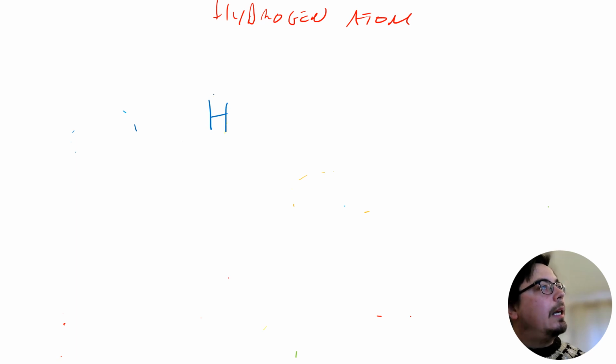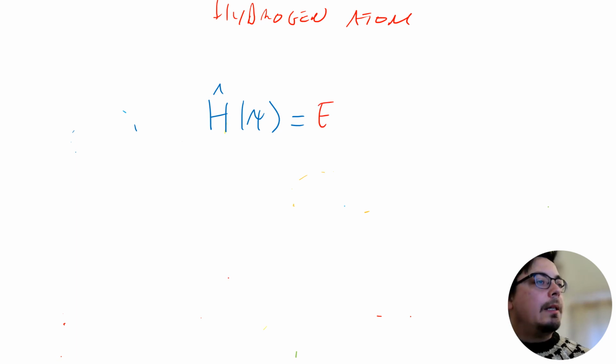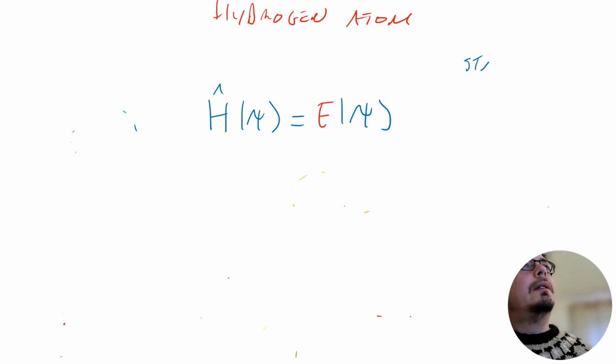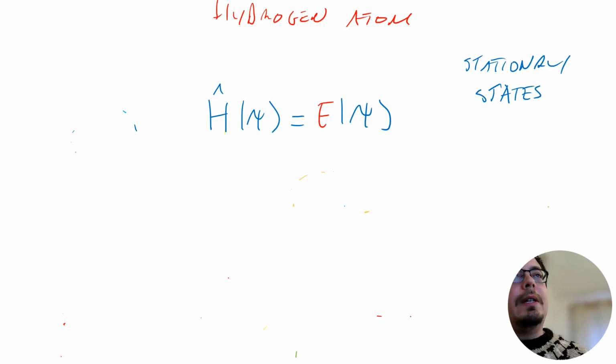We remember that H psi equals energy times psi. This is the equation that I wanted to solve, where they are called stationary states. We said it already. Stationary states, meaning that the energy is fixed.